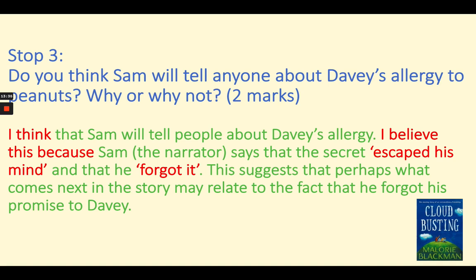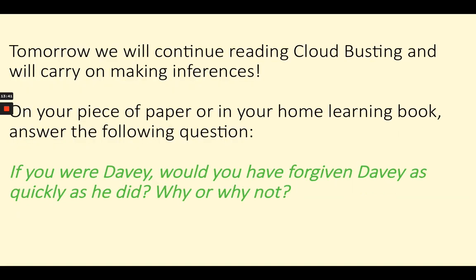I would love to see your work and see the awesome answers that you are creating in your homework books. That's it for today. We are done reading, and on Monday we will begin on Chapter 14, and we'll start to think about 3-mark answers. On your piece of paper or in your home learning book, today's question for after the session is, if you were Davy, would you have forgiven Sam as quickly as he did?